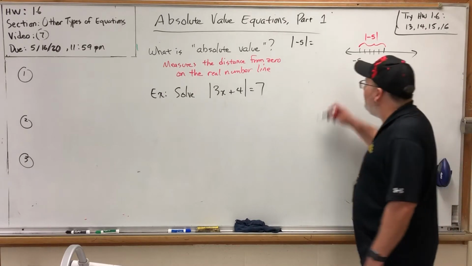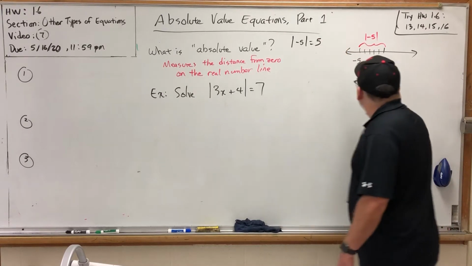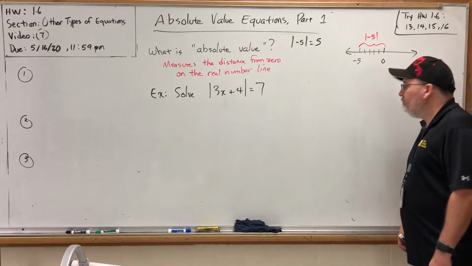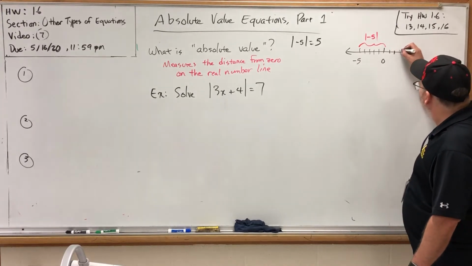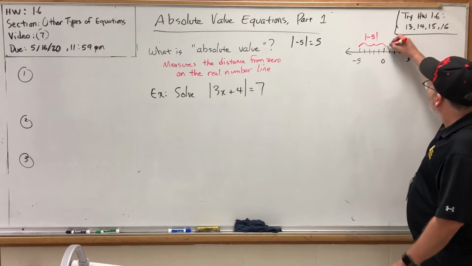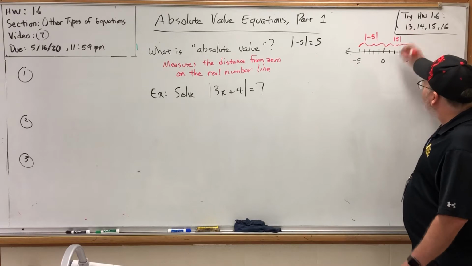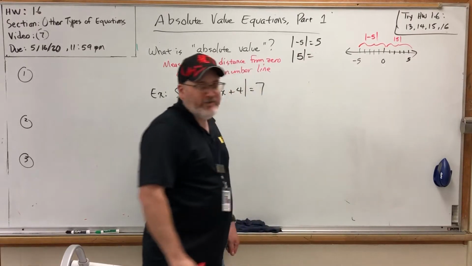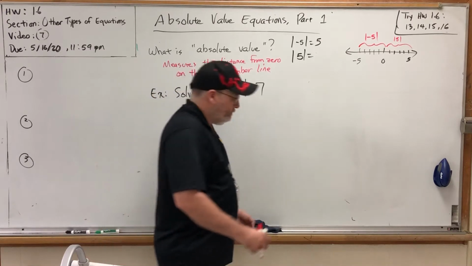The absolute value of -5 is 5. Guess which other number is 5 spaces away from 0? On the other side, the number 5 spaces away from 0 is +5. So the absolute value of +5 is asking the question, how many spaces away from 0 is 5? And the answer is 5.